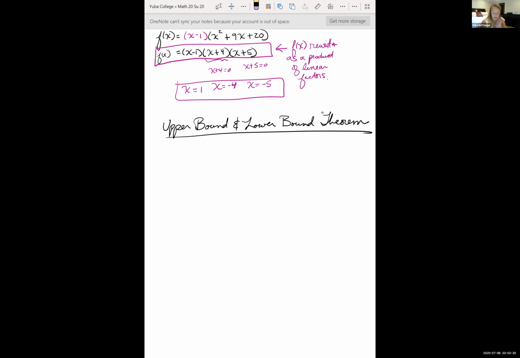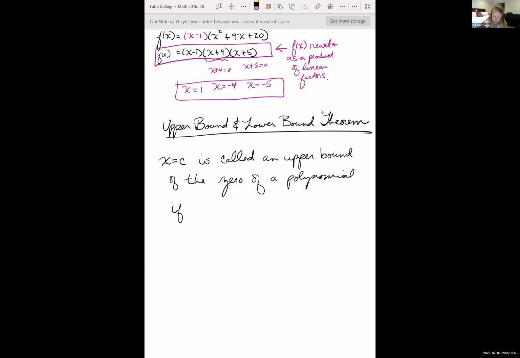Basically, we say x equals C is called an upper bound of the zero of a polynomial if you're looking at the bottom row of your synthetic division and it's all positive numbers.